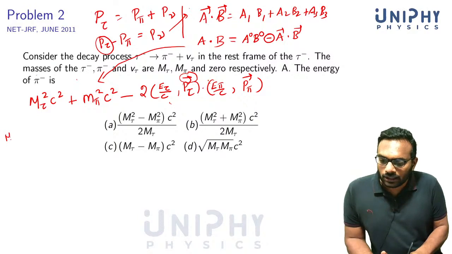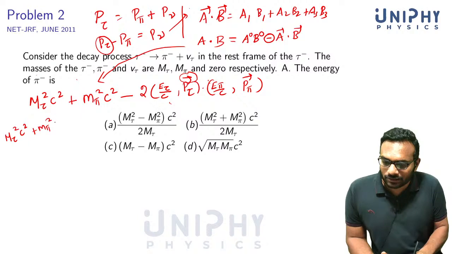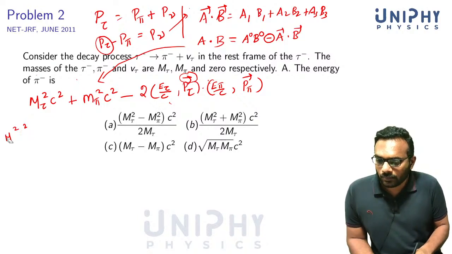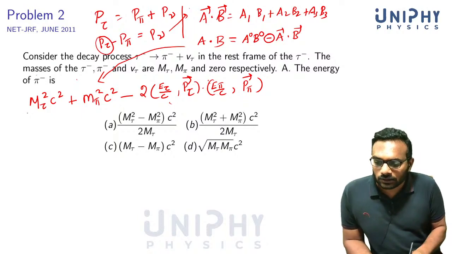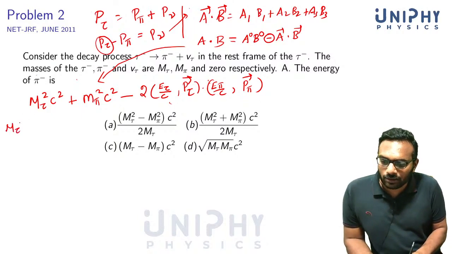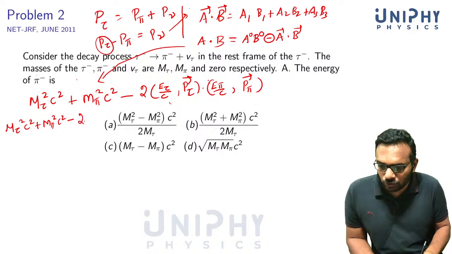m tau square c square plus m pi square c square minus, you have got a 2 here, and you will have E tau E pi divided by c square.